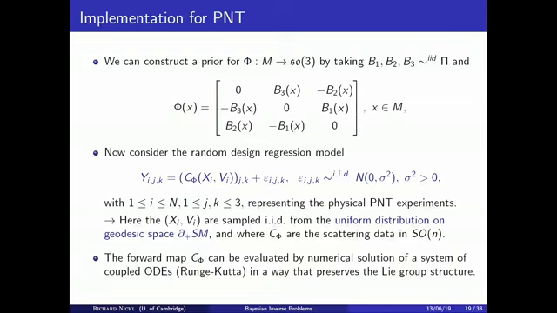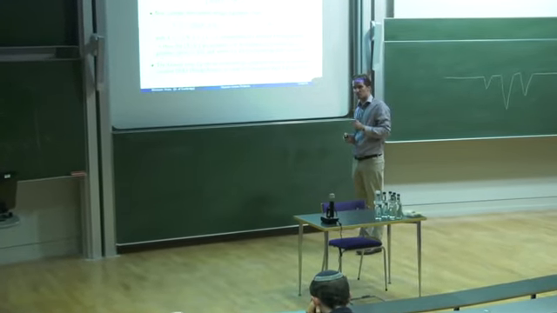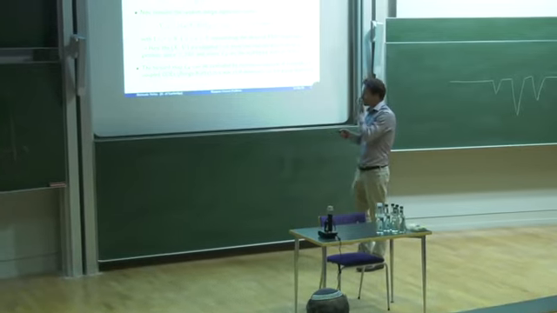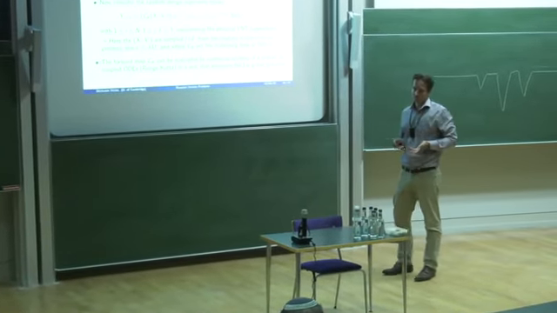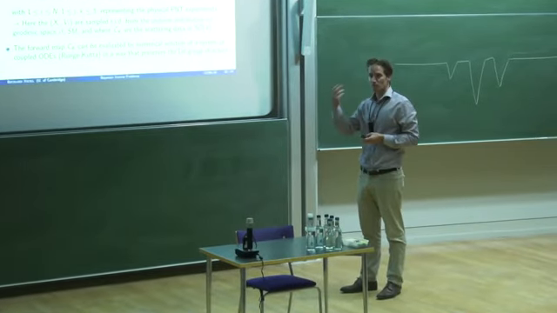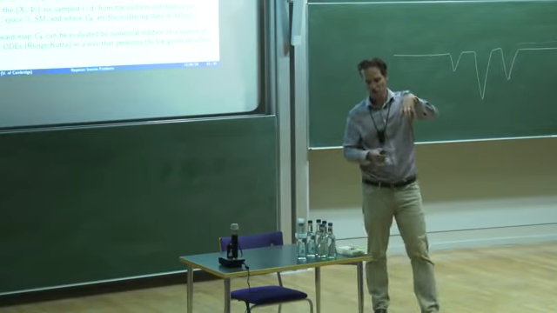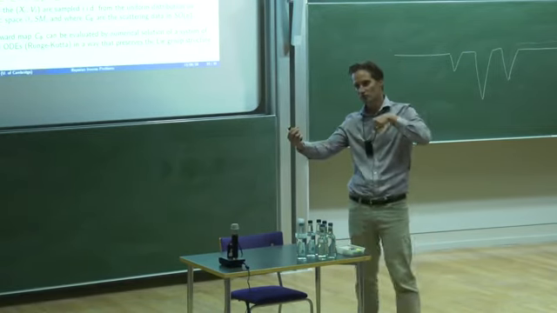As I said, once you have phi, you model phi in this piecewise linear way. And then in order to compute the likelihood, you have to compute C of phi. So you have to solve this matrix ODE system that you feed into the likelihood ratio test in the PCN algorithm. And for this, you're basically solving a coupled system of matrix ODEs, which is a standard numerical technique. The only thing you have to make sure is that the fact that phi lives in your Lie algebra is not lost in the numerical solution.